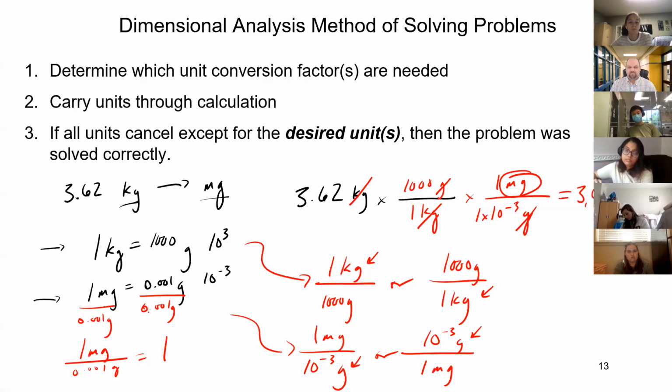How did you get that answer? Sure. So when I type that into my calculator, I'm going to do 3.62. Let me erase some things here.